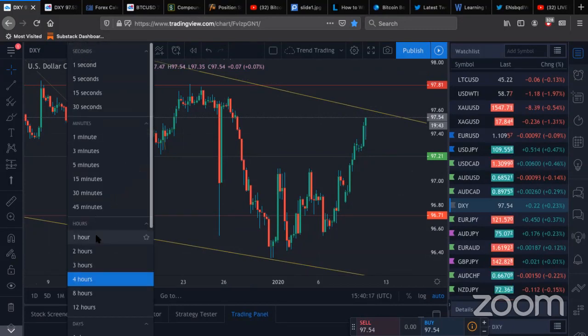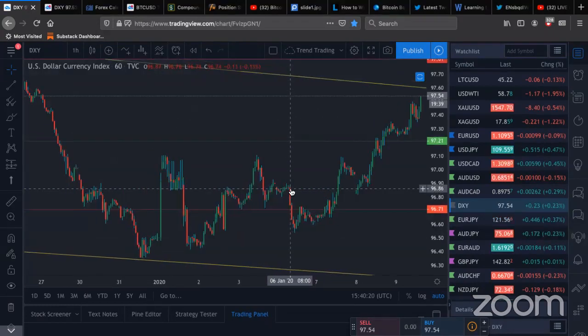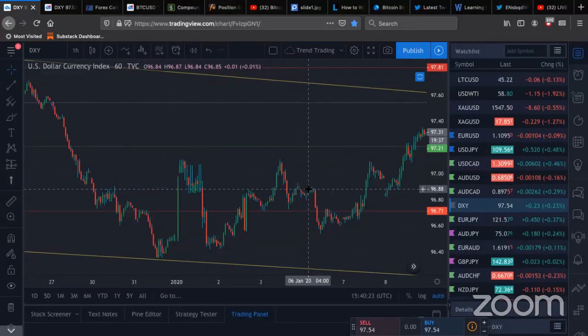The 1-hour time frame is very good for precision. It's harder to trade Forex on a lower time frame than that, unless it's during a very active period. For example, between 8 a.m. and 8:30 a.m. Eastern time, you could trade the 15-minute.